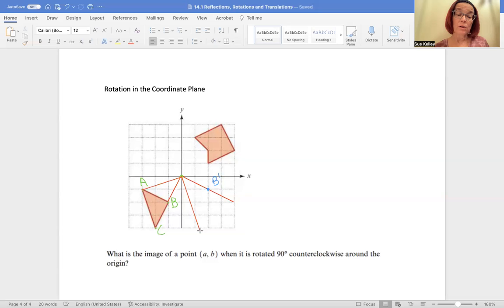If you want, you can get out your protractor and check my work and make sure that that is 90 degrees, and see where our A prime lands, and it will land right here. Actually, let me redraw that because that's going to be inside the shape, I think. So draw our A prime.